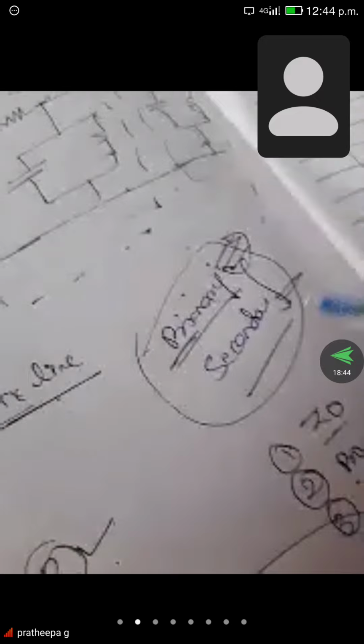Okay? What is the third one? Attenuation and phase constant. And the fourth one is the wavelength. Okay? So primary constants means L, R, C, G. And secondary constants: what is the first one?